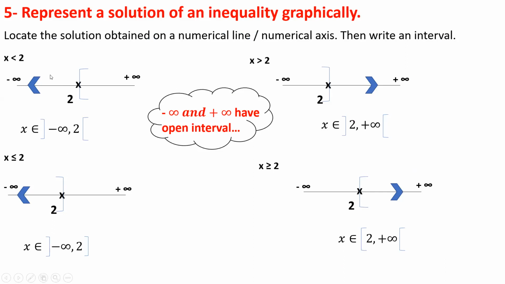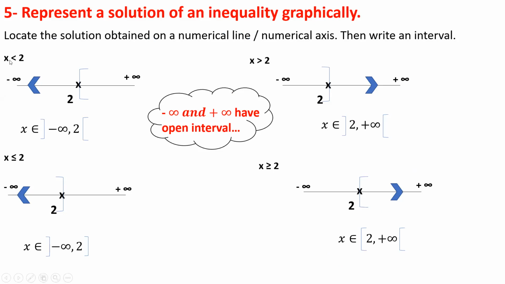Minus infinity means my numbers never end in the negative, and plus infinity means my numbers never end in the positive. So I have x less than 2. So 2, less than, going towards the negative infinity.